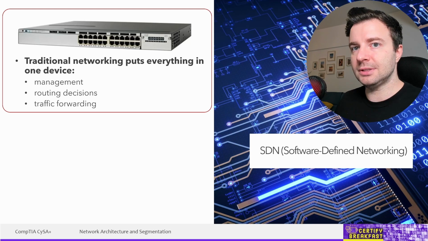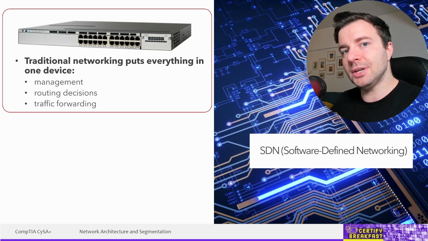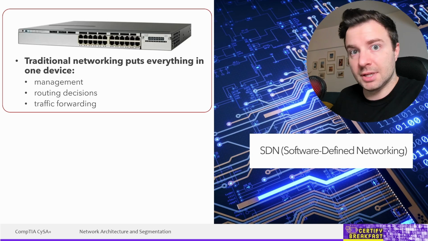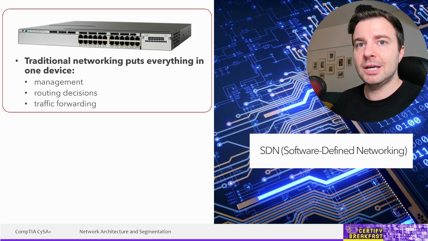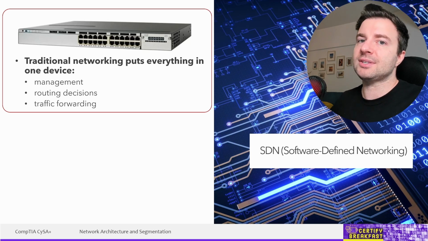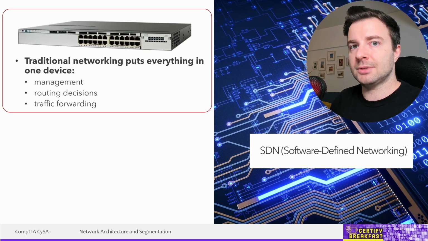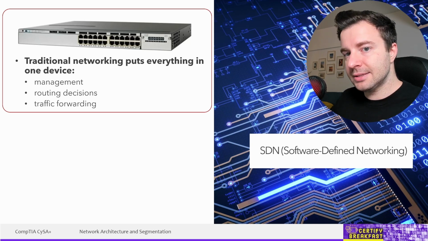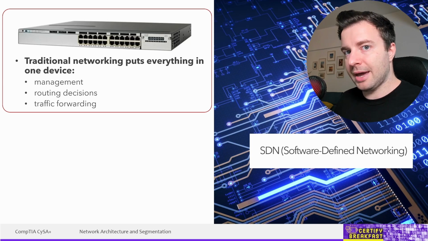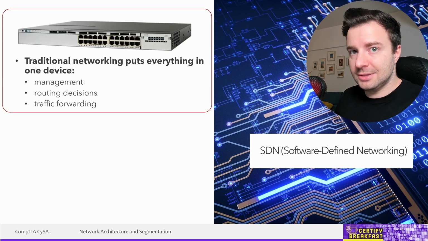So it moves the decision-making from the individual networking device, from that smart switch or that smart router that we said we used to have, to a centralized brain that is completely separate from the rest of the infrastructure, right? While the networking device is there to simply blindly accept and follow any commands that the brain tells it to do.